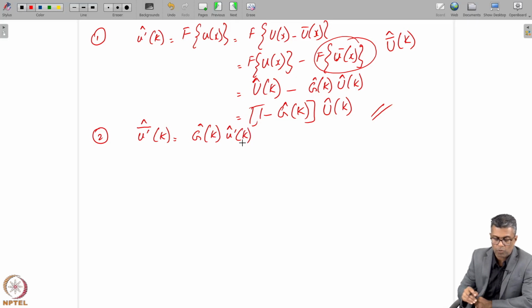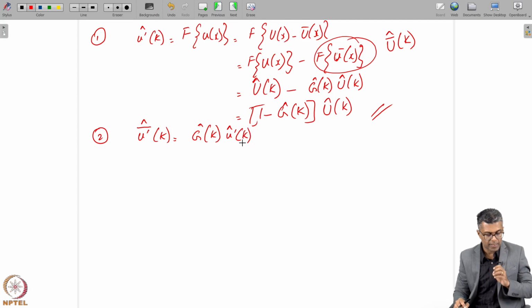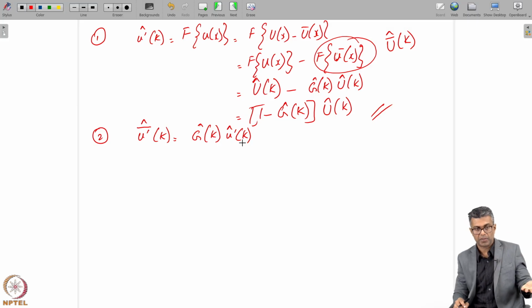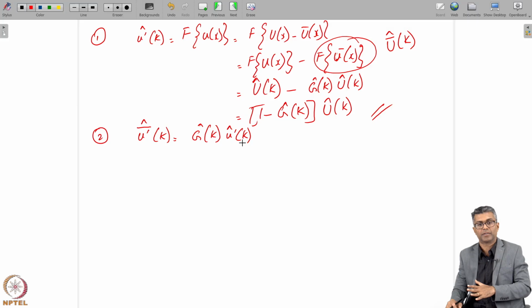What you're doing is taking the filtered residual in Fourier space, or taking the filtered residual value and considering it in Fourier space, or taking the residual value in Fourier space and filtering it.